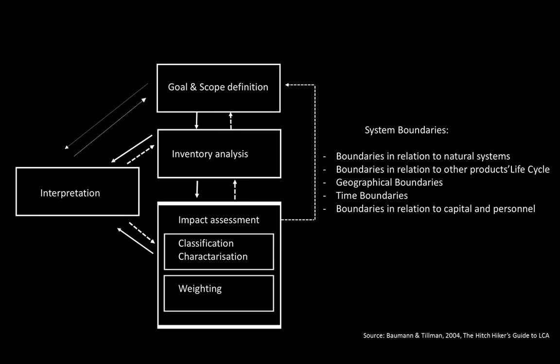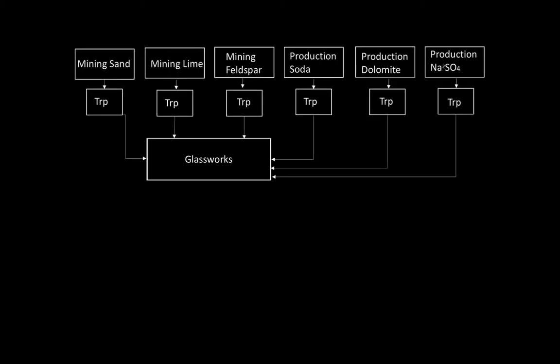We will start by giving an example of a comparison of 3 different systems of using glass bottles for beverages. In all cases, you have a production site, a glass works. To produce the glass, you need different materials: sand, lime, feldspar, soda, dolomite, and natural sulfur oxides.